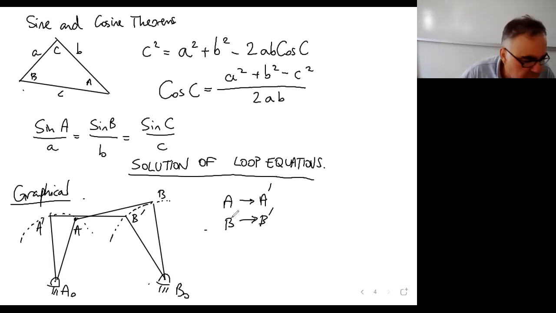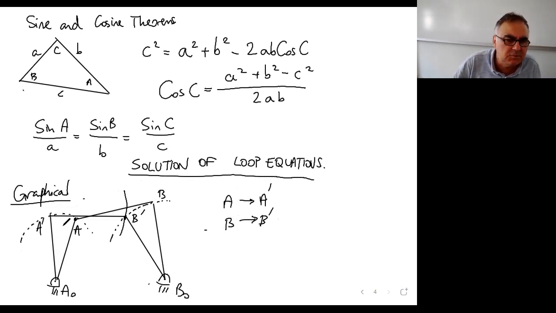So how we can do it is, we can graphically use a compass and open our compass to the length of AB, and draw a circle from this A prime. That circle will intersect at B prime, so that you will find the position of the mechanism, and so on.